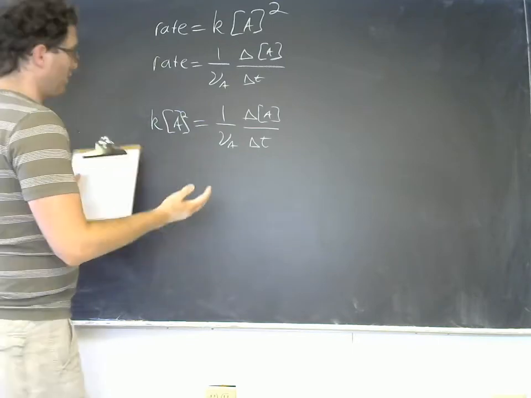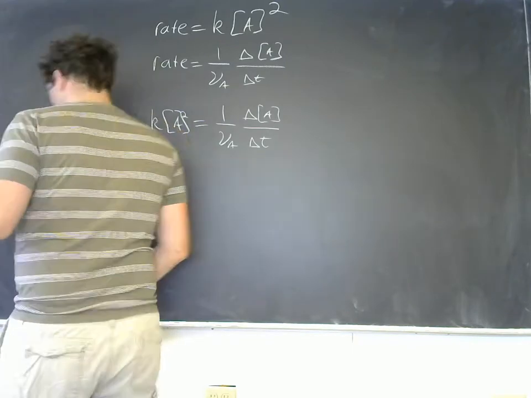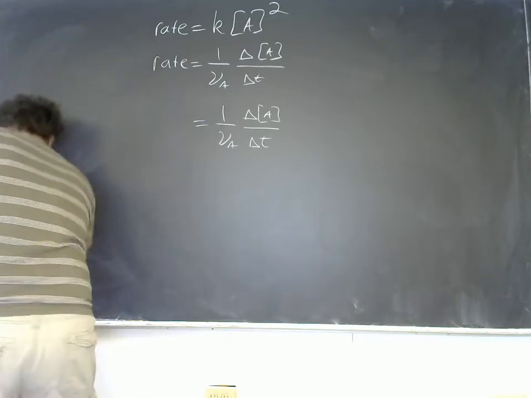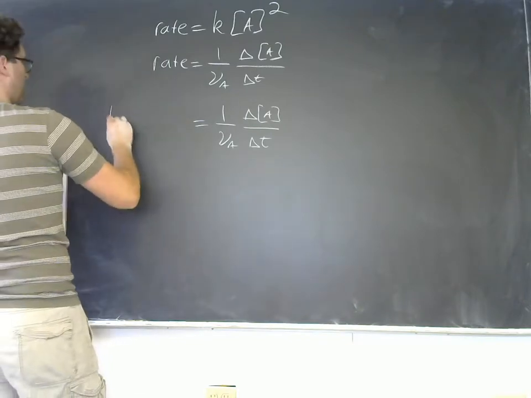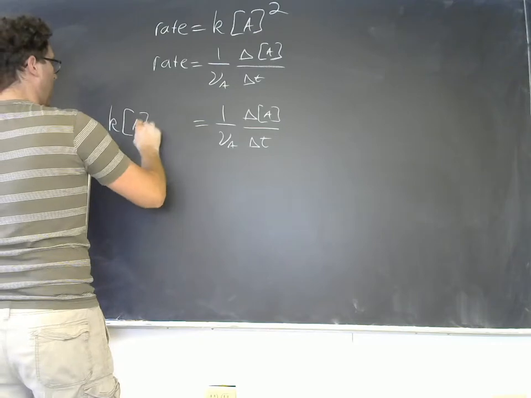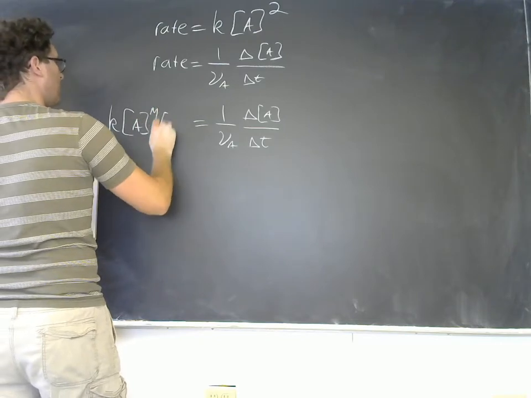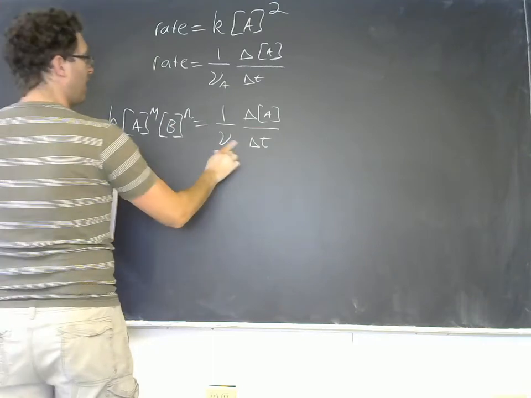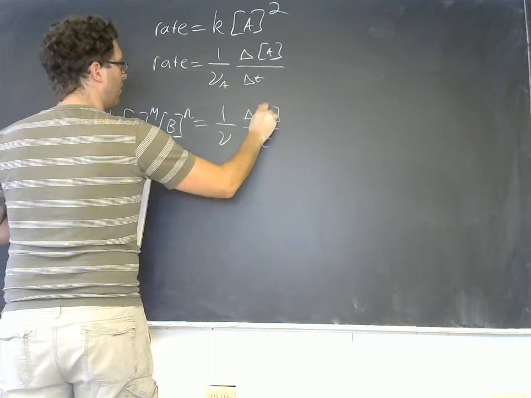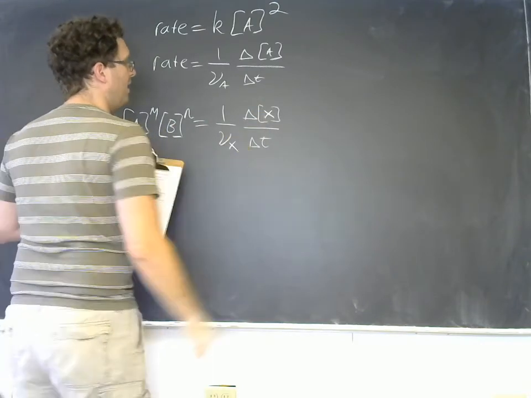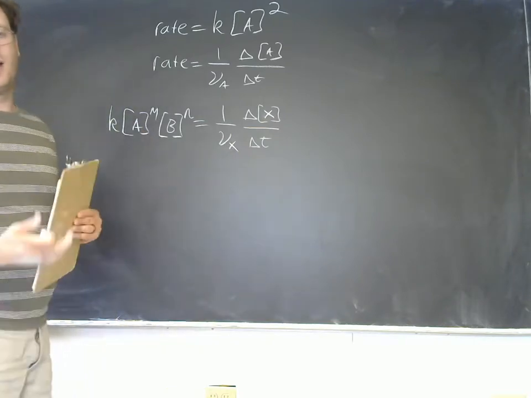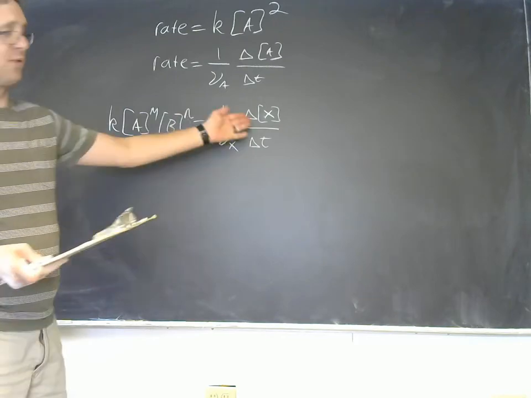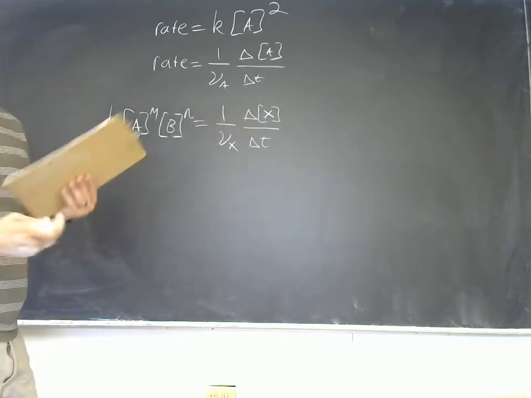Or what I should really do is make this a little bit more generic and say it's k A to the m, B to the n, and then this doesn't have to be A, it could be any chemical species that is participating in this reaction. It could be a product, it could be a reactant, it doesn't matter.